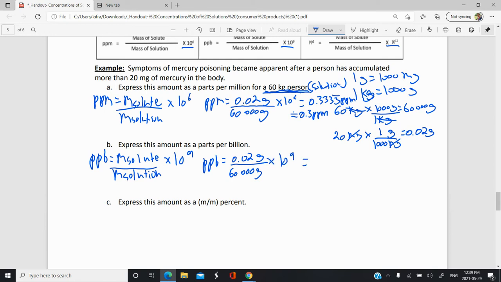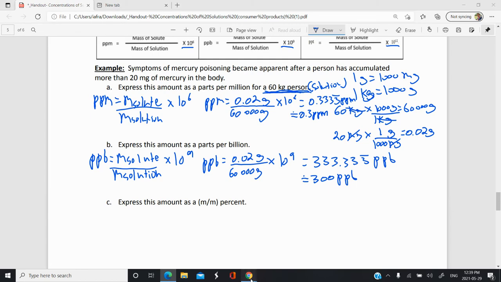So we'll have 0.02 divided by 60,000 times 10 to the power of 9, and we get about 333.333, keeps going, ppb, which is approximately, to 1 sig fig, 300 ppb.